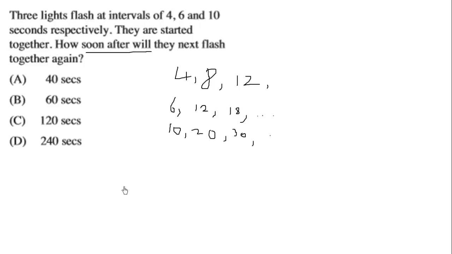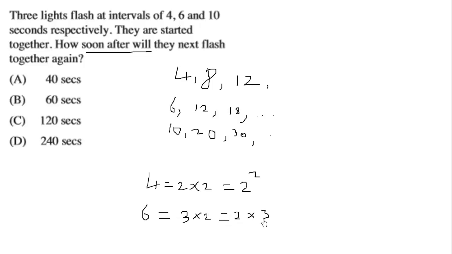To do that, we can use prime factorization. The prime factorization of 4 is 2 exponent 2, because it is 2 times 2. The prime factorization of 6 is 2 times 3.